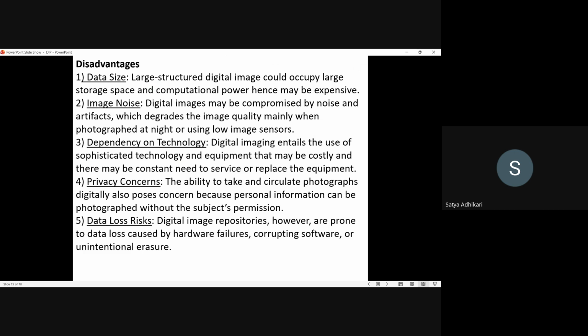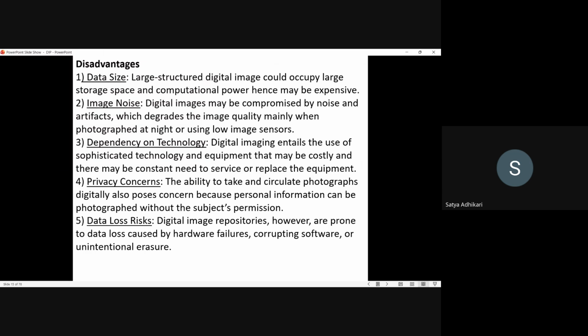Image noise. Digital images may be compromised by noise and artifacts which degrade the image quality, mainly when photographed at night or using a low quality image sensor. So when photographed, it contains some image noise, and the quality may be degraded.